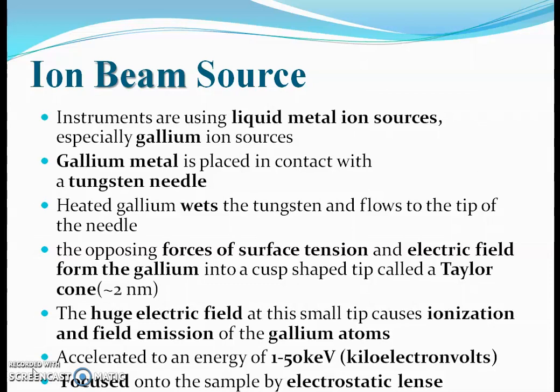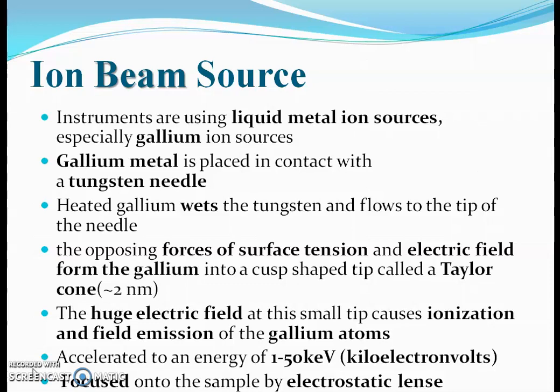The radius of that Taylor cone tip is around 2 nanometers. Due to these two main factors, the forces of surface tension and the electric field, the gallium creates a cone-shaped tip, which is called a Taylor cone.